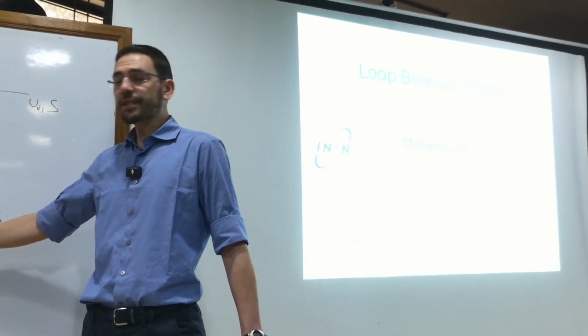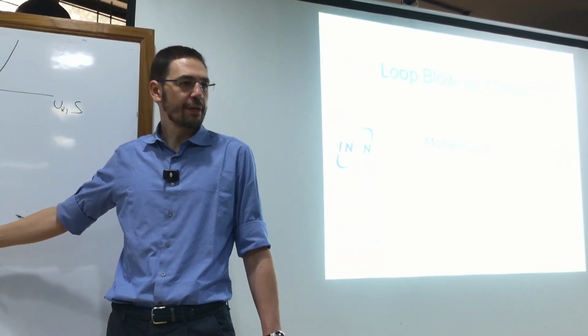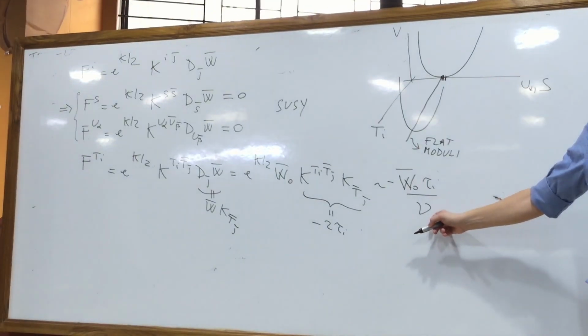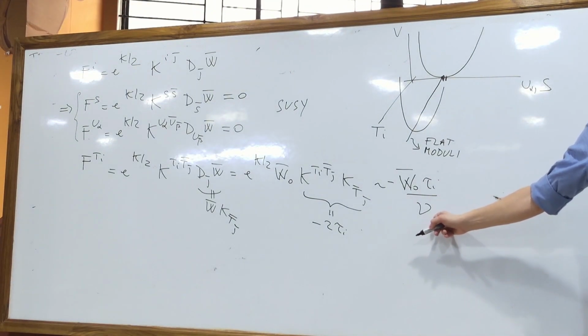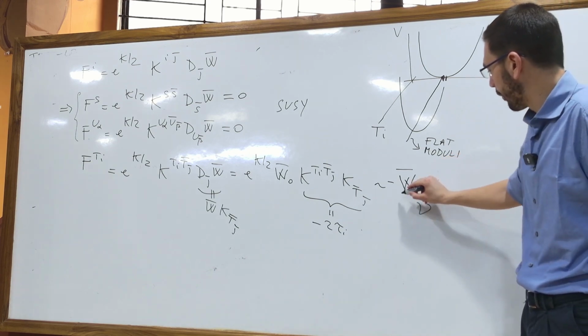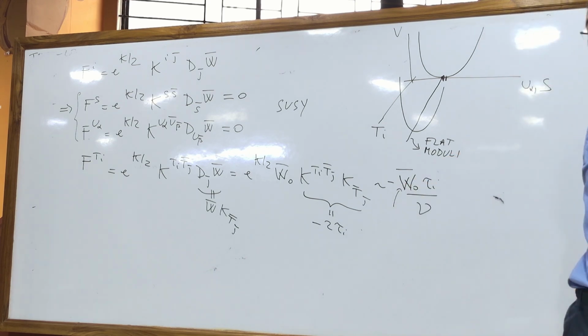So now, what is the value of this F term? Is it 0 or different from 0? This is what we need to check now to see if supersymmetry is preserved or not. Well, it depends on the value of W_0. So if W_0 is 0, then this is 0. So it will be a supersymmetric Minkowski.